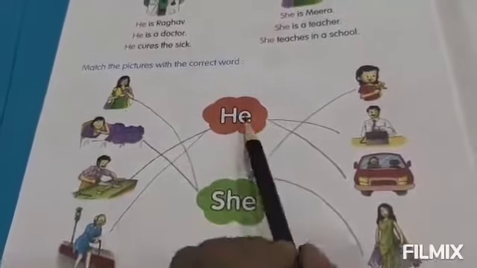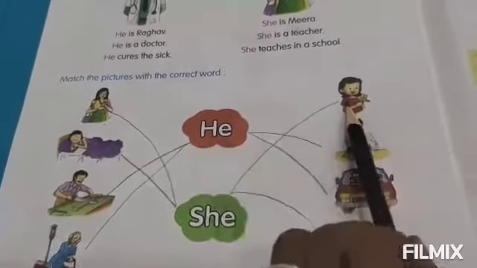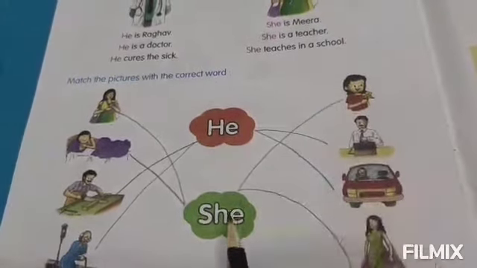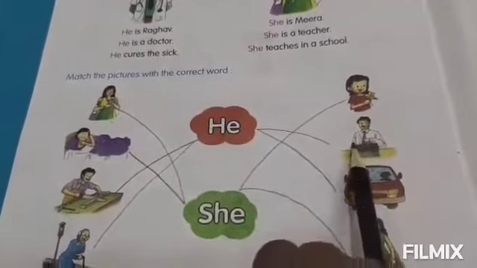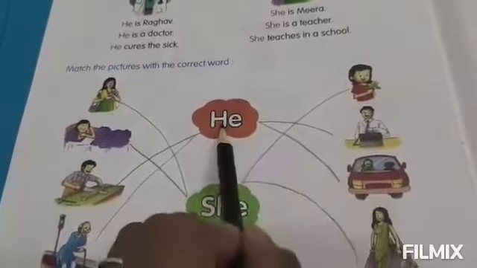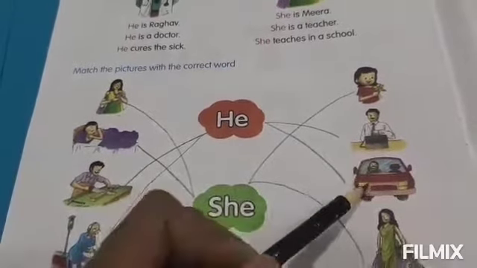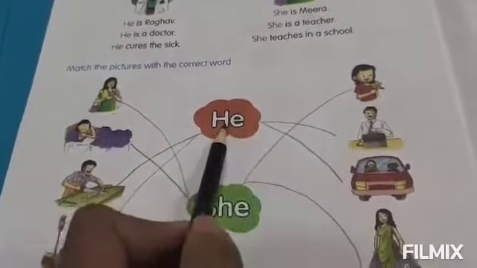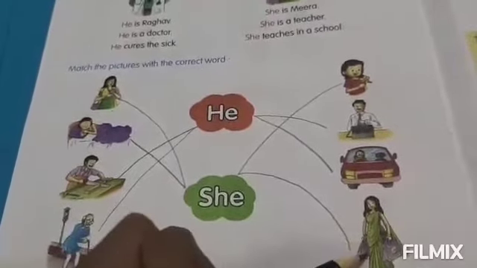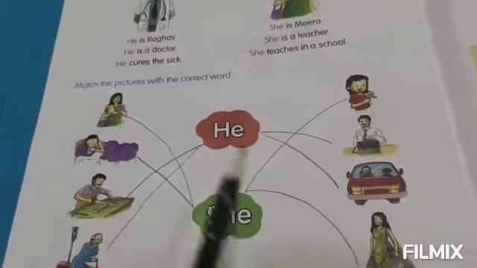Grandfather's picture, so match with he. Girl picture, so match with she. Man picture, so match with he, and woman picture, so match with she.